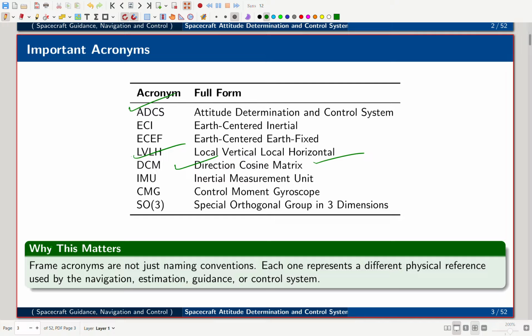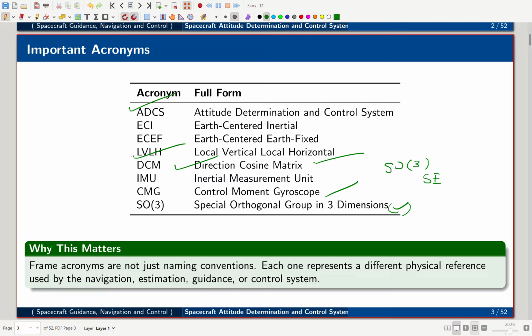IMU, inertial measurement unit. CMG, control moment gyroscope. And SO(3), the special orthogonal group in 3 dimensions, where we represent our attitude. We will discuss these in detail and explain all of this.